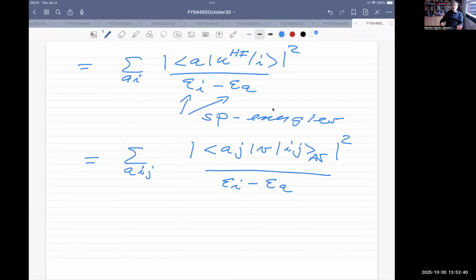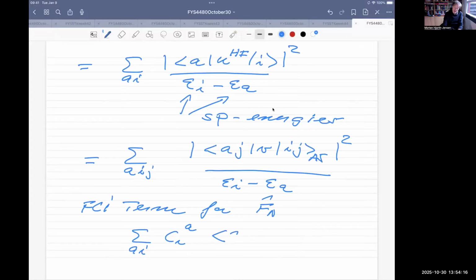Now let's take a closer look at this. And if we now bring back the FCI term, because now it becomes interesting, FCI term for F of n. What we had then, when we look at the FCI term, is something which ended up looking like this. So we had then a sum over A and I, and then we had the coefficient CIA multiplied with A, and then we have this operator I, like this.